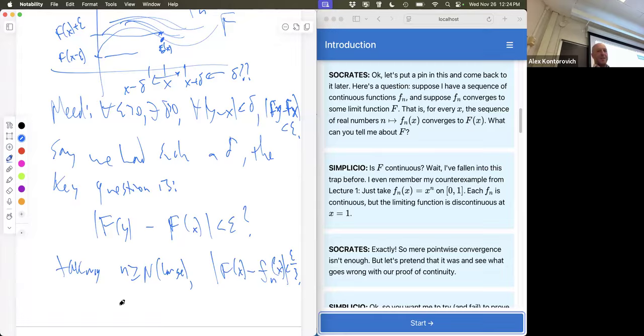How about F(y)? Taking n, again, large enough, we can make F(y) minus fm(y), well, let's call this m, less than epsilon over 3.